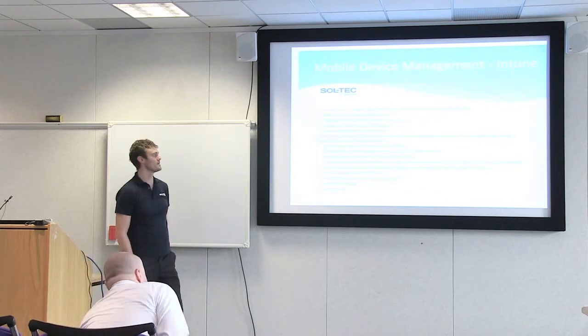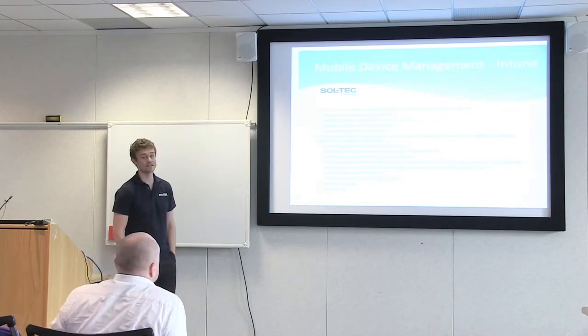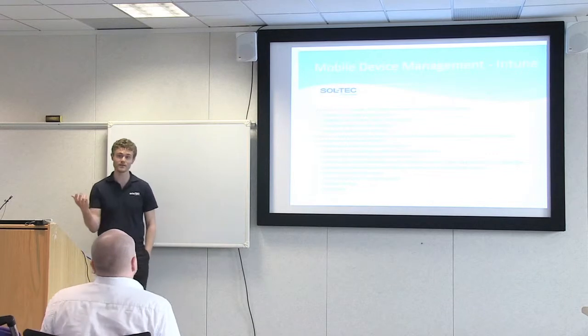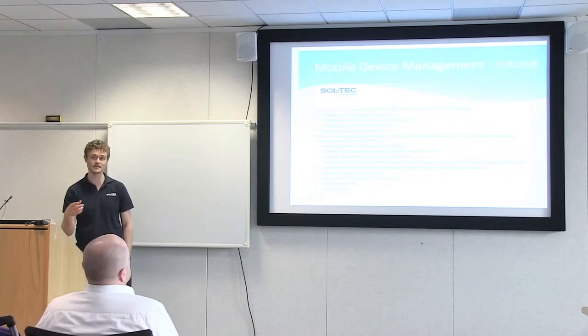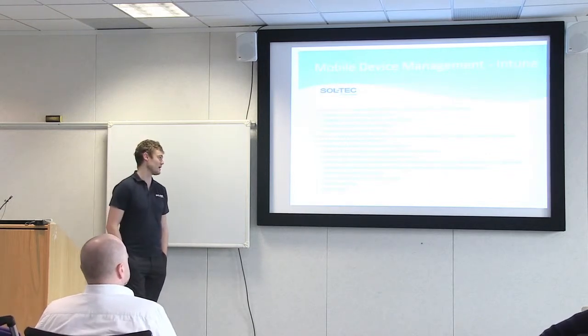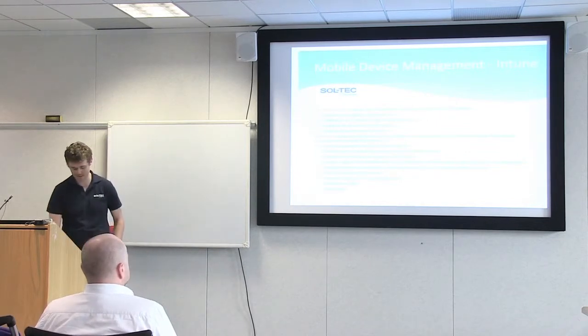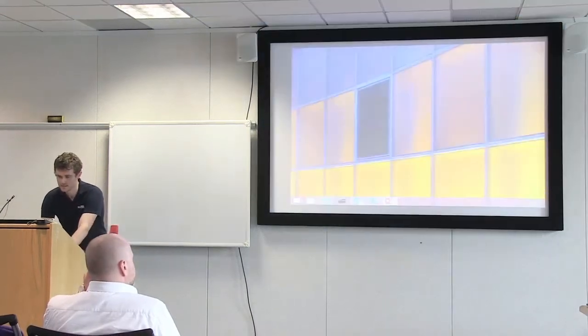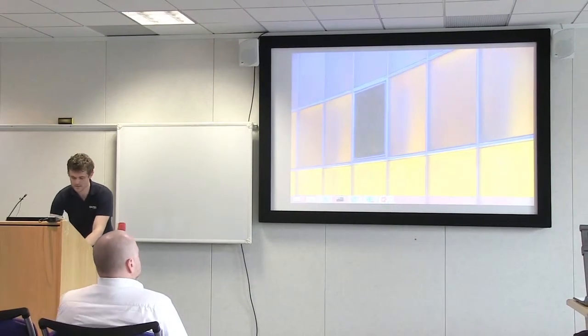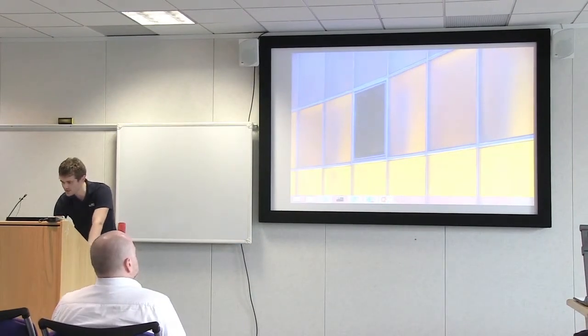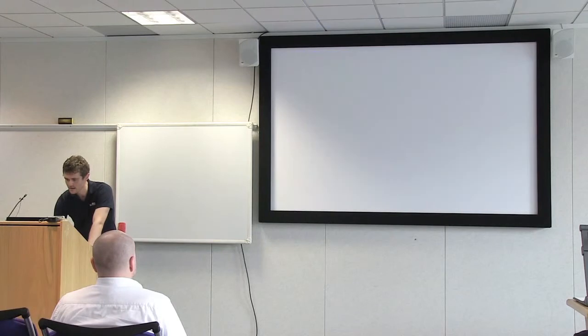Deploy line of business apps. You can even reset passcodes. So if you've got an iPhone and you forget the passcode, you could actually reset it using Intune, and publishing apps as well. So I've published a few business productivity apps to my iPhone, and I'll show you those. So just bear with me, and I'll swap this over, and we'll have a look at the Intune console.